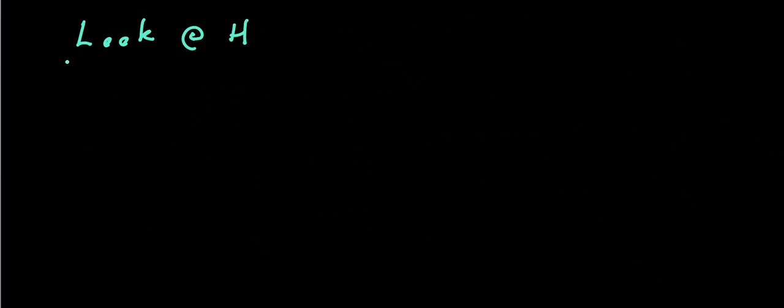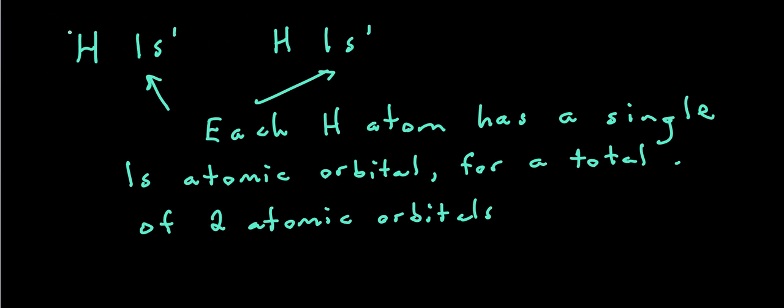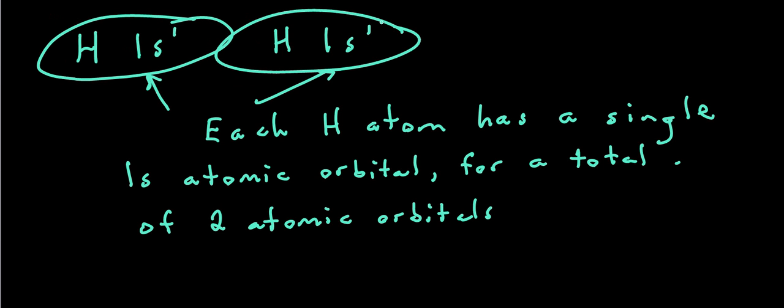Let's take a look at how hydrogen atoms combine, where we take H's to make H2. It's our simplest example to get a look at molecular orbital theory. Looking at our hydrogen atoms, each hydrogen has a 1s1 electron configuration.